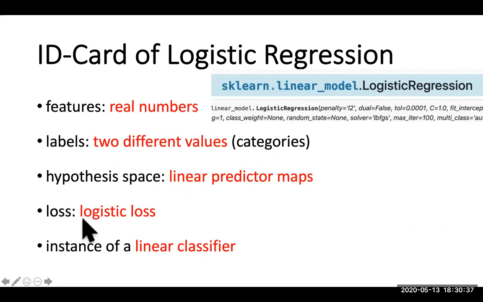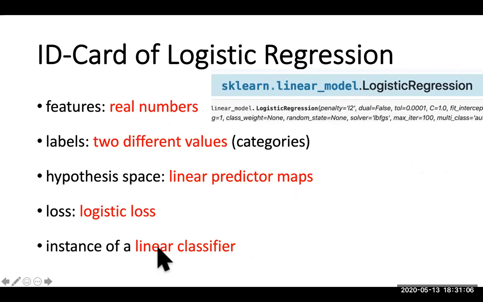And we have chosen a loss function, the logistic loss. So we have filled all three components, and we have a machine learning method, which is called logistic regression. I've also shown here the scikit-learn Python object, which represents logistic regression.